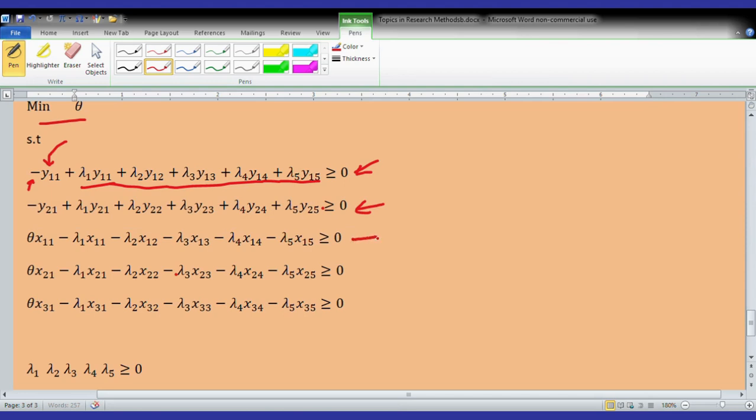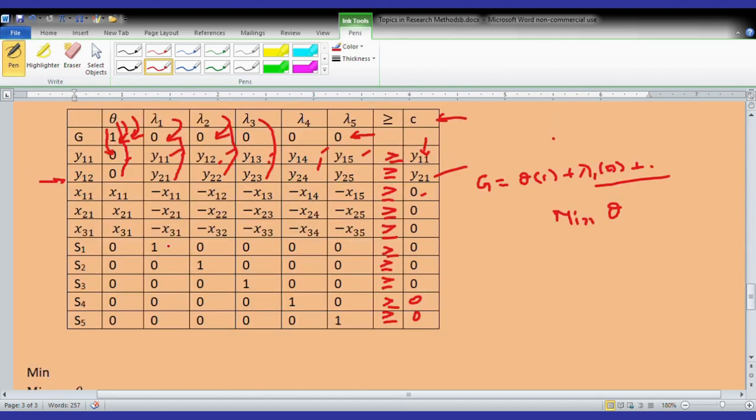Let's do one more equation, and that is for the inputs. When we go back and look into this row, coefficient multiplied by the variable, so theta multiplied by x11, and then lambda 1 multiplied by minus x11, lambda 2 multiplied by minus x12, lambda 3 multiplied by minus x13, lambda 4 multiplied by minus x14, and this is greater than or equal to 0.